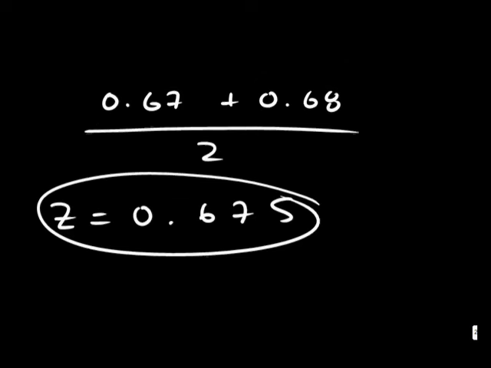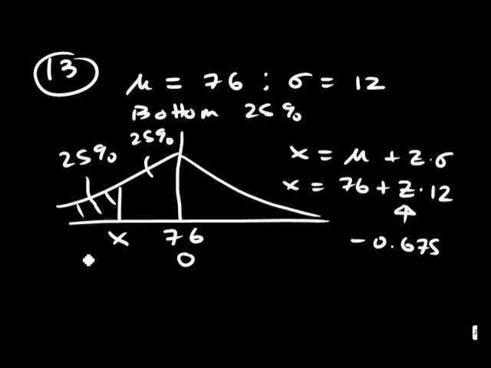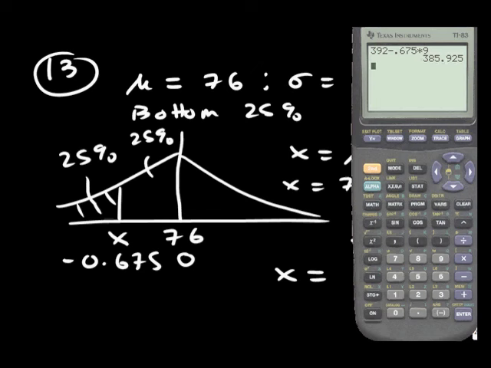So, using the z-score that represents the bottom 25%, we plug this in our backwards formula, and we can deduce the value of x. 76 minus 0.675 times 12.